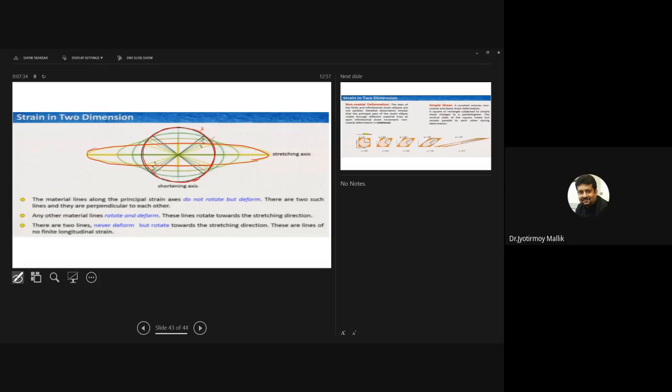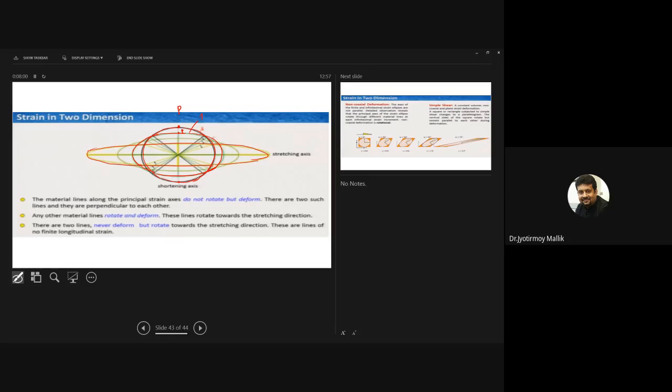So now this is my stage one. This green line is my stage one. Now observe this particular strain ellipse. See this point P remains here. It's like a parallel translation.